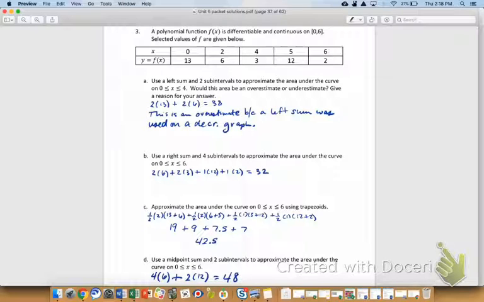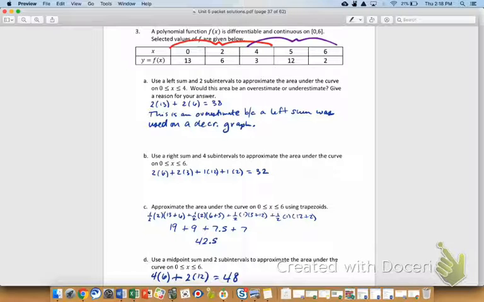Why is it 4 times 6 and 2 times 12? So yeah, I'm using 2 subintervals and a midpoint sum. So I'll just go back up to the table for this. So my 2 subintervals would be here and here.